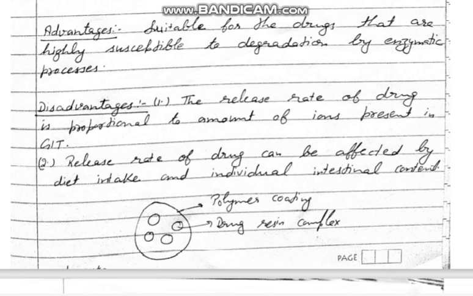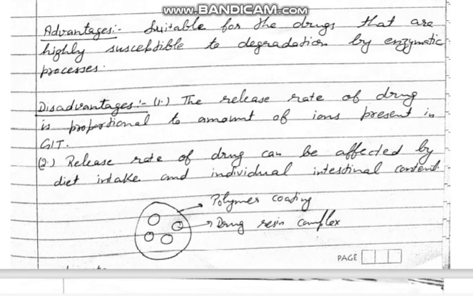If I have a particular number of ions present in my GIT, then we can't say that the other person will have the same number of ions, because it will depend on which type of diet I am taking and which type of diet the other person is taking, and secondly it depends on various other biological conditions.